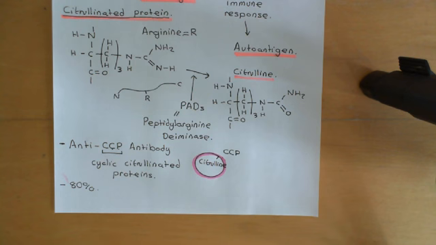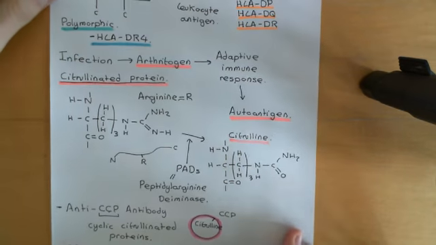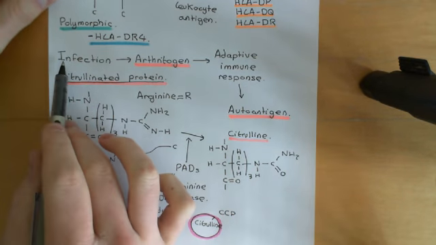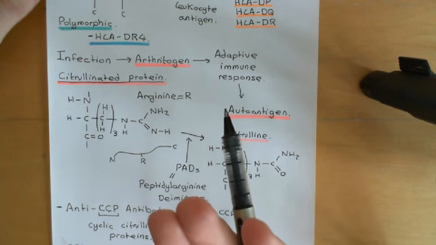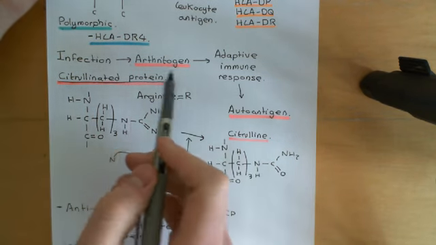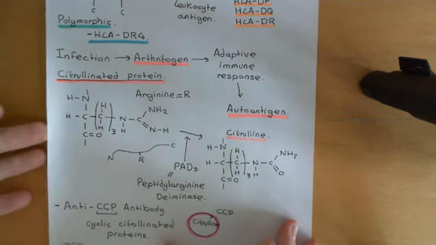Right, so going back to the pathology of rheumatoid arthritis then, what example of an infection have we found that can actually bring in citrullinated proteins? Because we have actually found now an example of a pathogen which has antigens which are citrullinated proteins and therefore could be an example of this arthritogen.